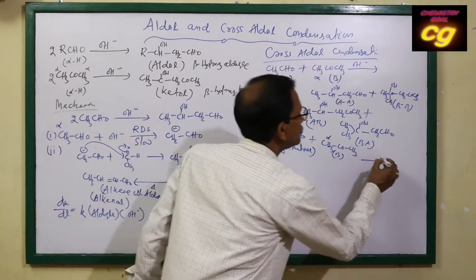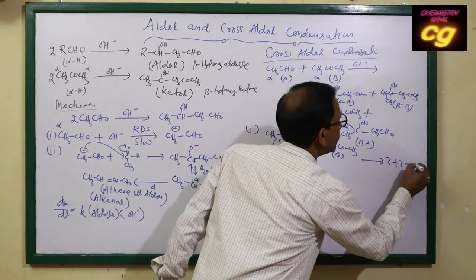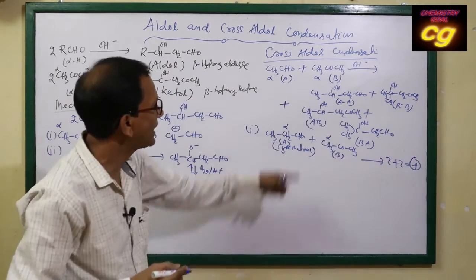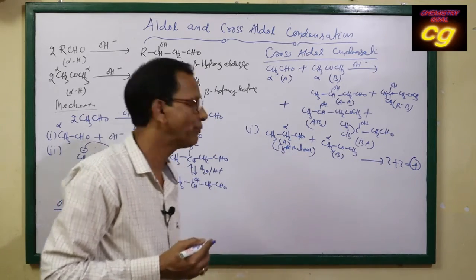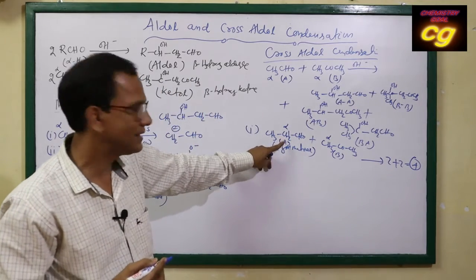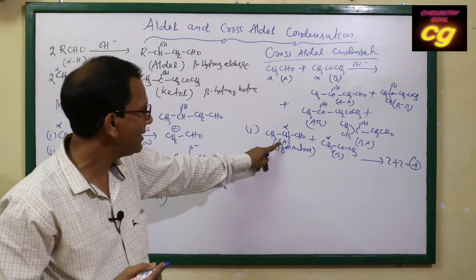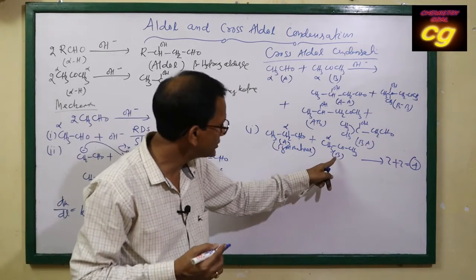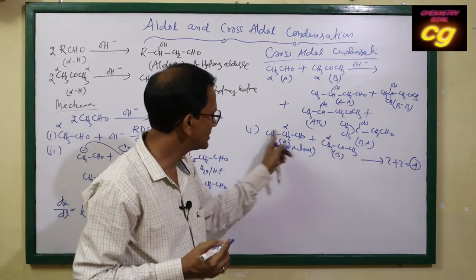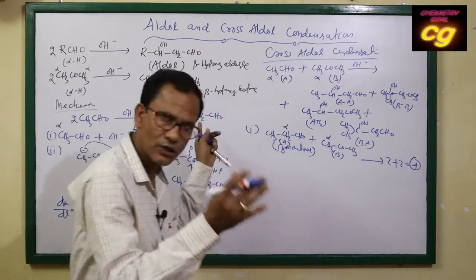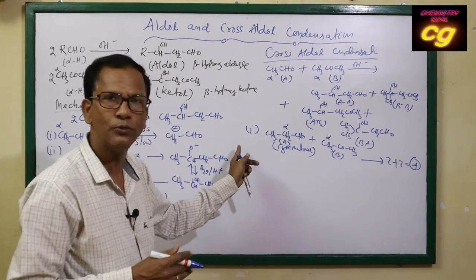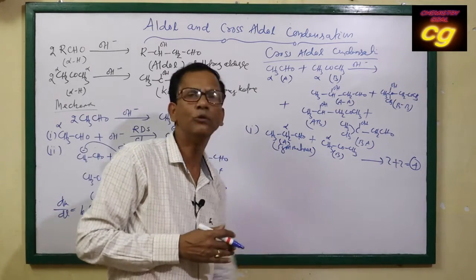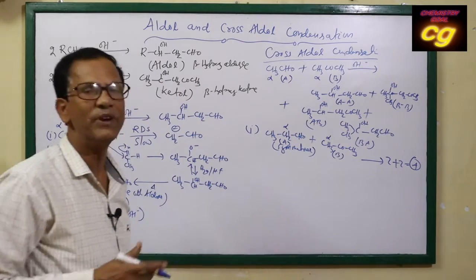So the total will be 2 plus 2, that is 4. Four products will be formed: one self condensation product for A, one for B, and cross products, both exchanged, also 2. The total will be 4 if both are symmetrical.